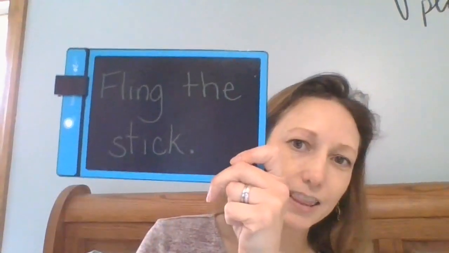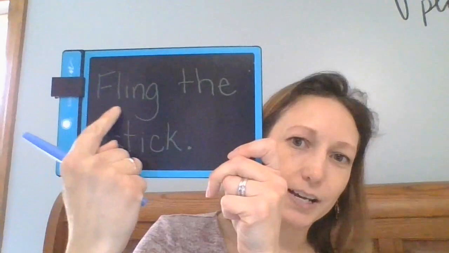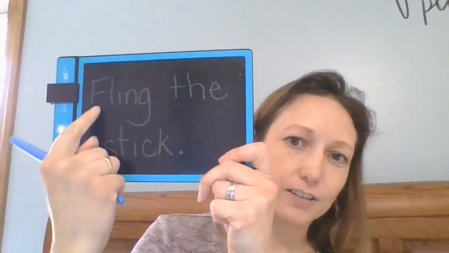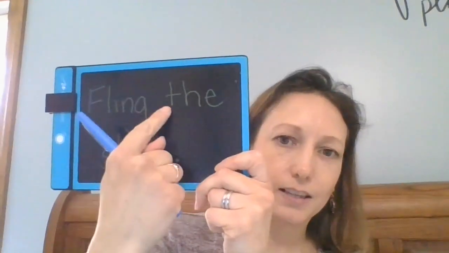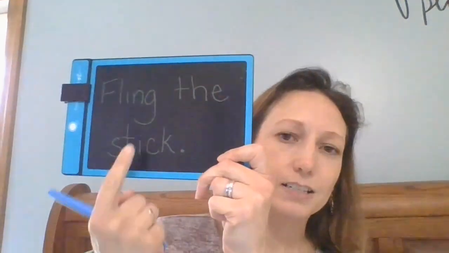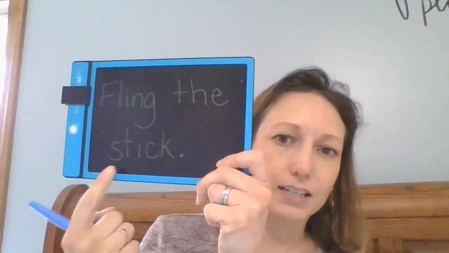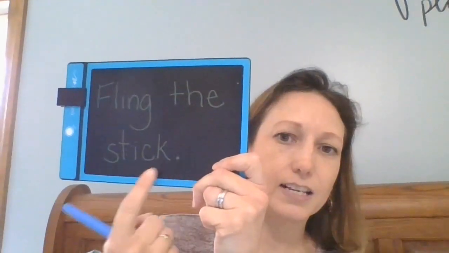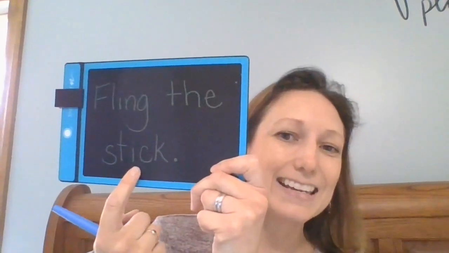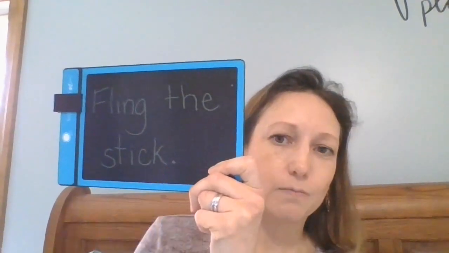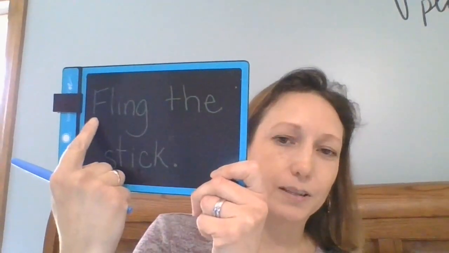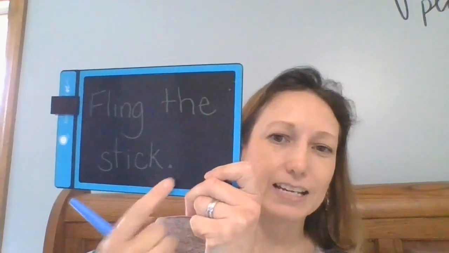If you're not, pause it and keep writing. We have fling the stick, FL blend, and our ing chunk, F-L-I-N-G, fling, space, the, T-H-E, space, stick, S-T-I-C-K, and we heard our I saying I, so we have C-K after it, and then our period, uppercase letter at the beginning, period at the end.